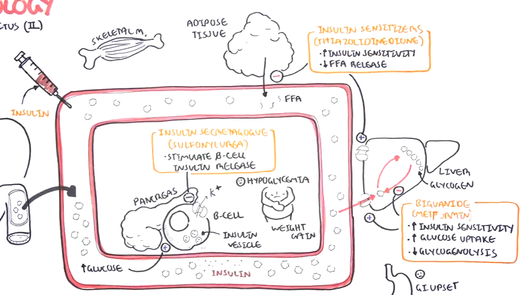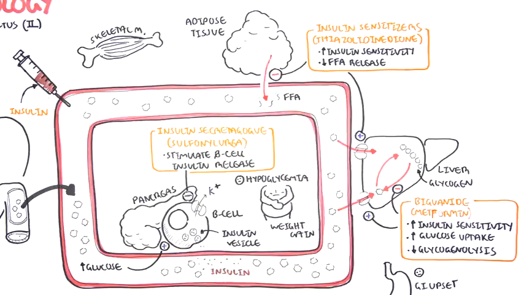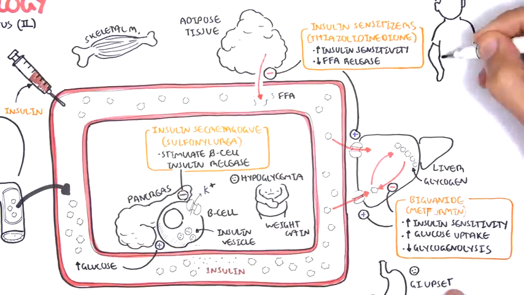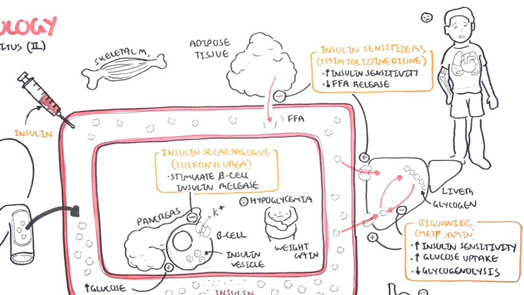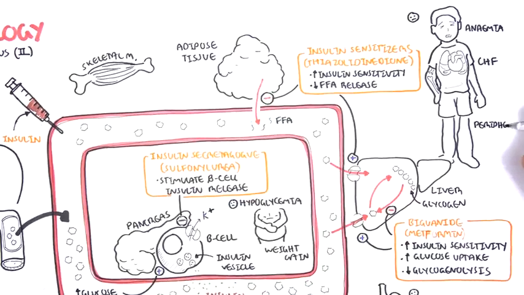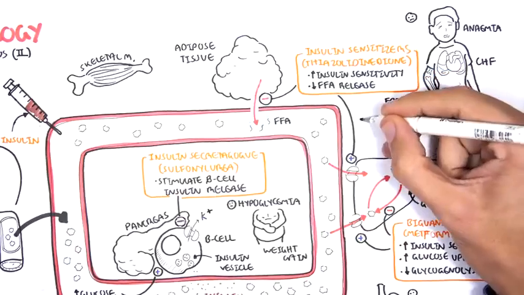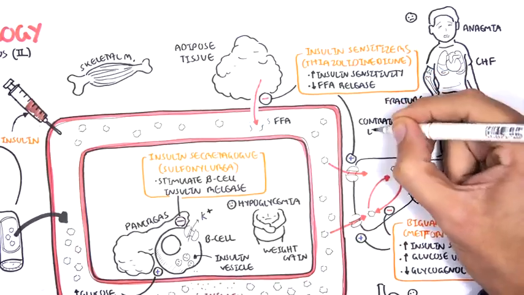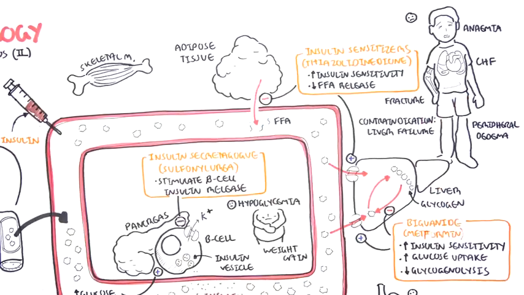As well, they stimulate, as mentioned, insulin sensitivity, which essentially will lead to increasing glucose uptake to tissues and decrease in glucose release into the bloodstream. Side effects of insulin sensitizers include anemia, congestive heart failure, peripheral edema, fracture. And so, therefore, insulin sensitizers are contraindicated in patients with congestive heart failure and liver failure.